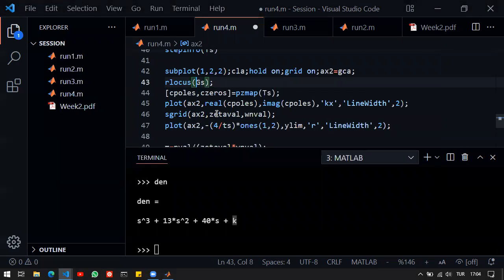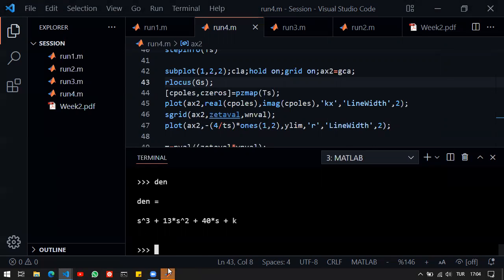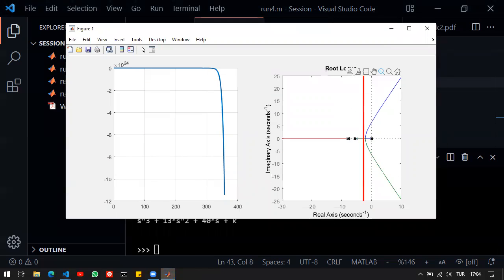So let me show you the positive one. If you can only change the constant term, then for positive k values, you're on this root locus. For negative ones, you're on the negative root locus, and that's it.